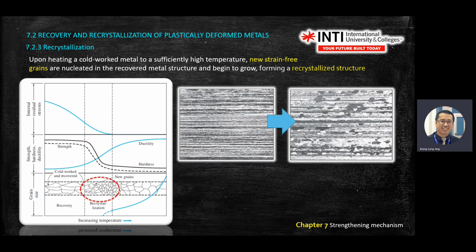So you will see this one in the middle here. This one is in the recovery phase just now. When you roll, you get a very straight line structure. But when it becomes recrystallization, it's like chicken pox. You have chicken pox on the structure, so you see there are holes there.